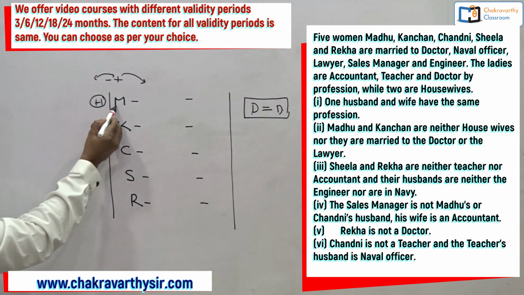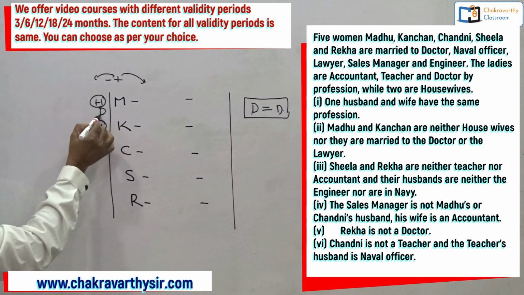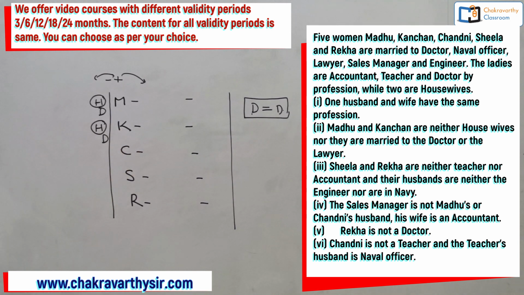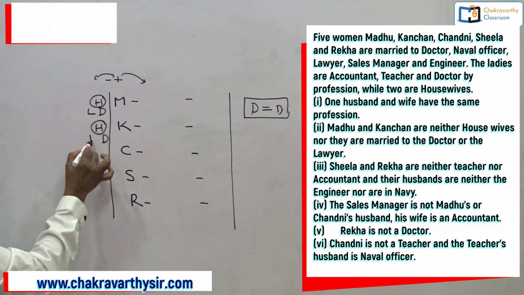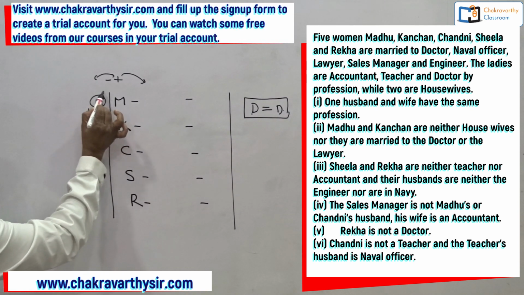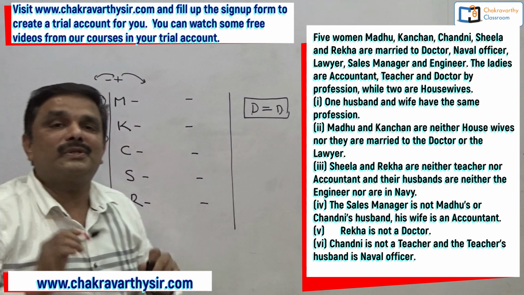So Madhu's husband is not a doctor. Kanchan's husband is not a doctor. Madhu's husband is not a lawyer. Kanchan's husband is also not a lawyer. For your understanding, the encircled one is the self profession and these are the husband's professions.